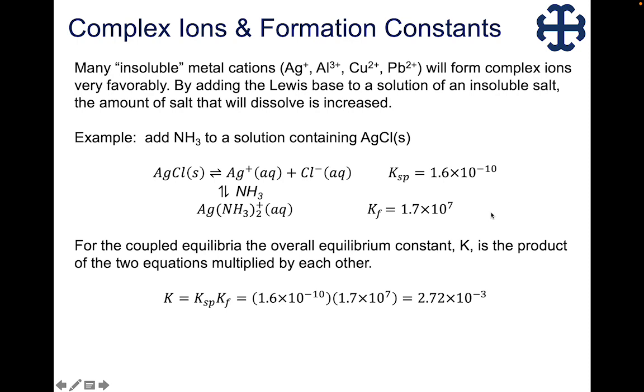And so hopefully you remember from last week, when we have multiple steps in an equilibrium process, we can actually multiply together our two K values to come up with an overall K value. And so when we multiply those two things together, we get a new equilibrium for the overall process of 2.7 times 10 to the negative third, which again makes our silver chloride a lot more soluble.